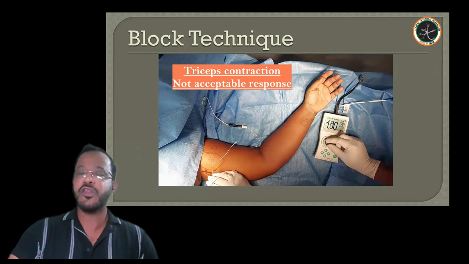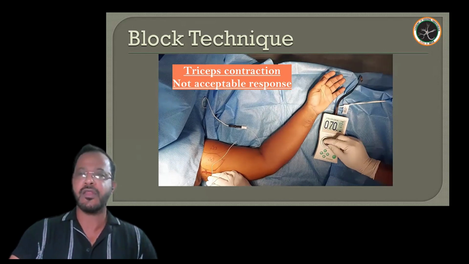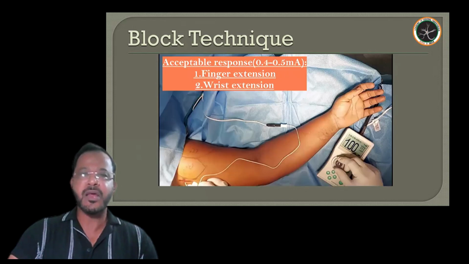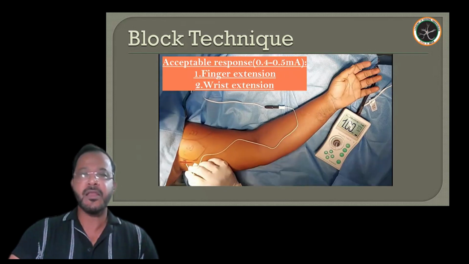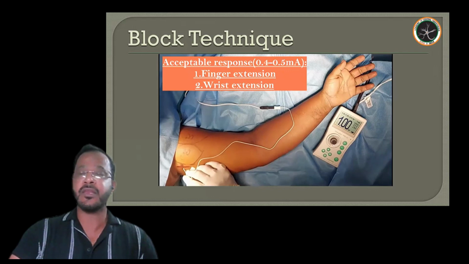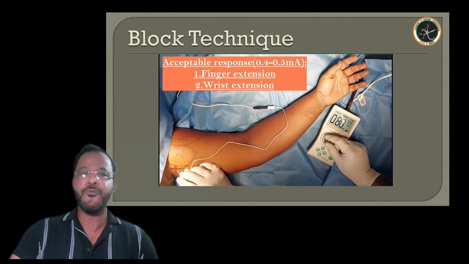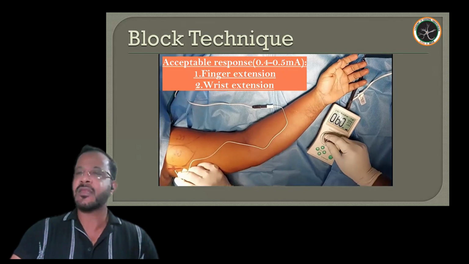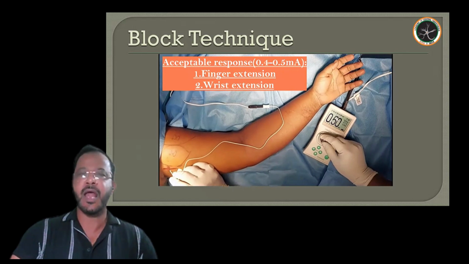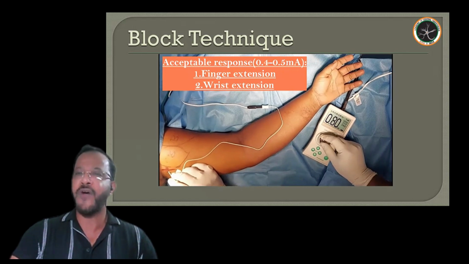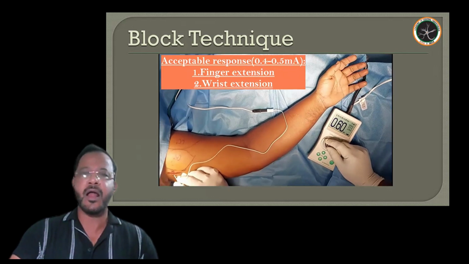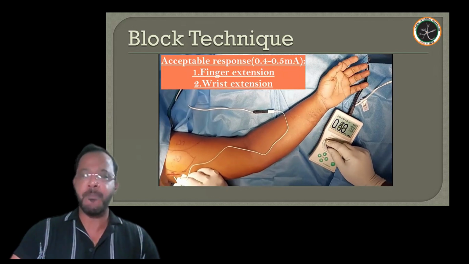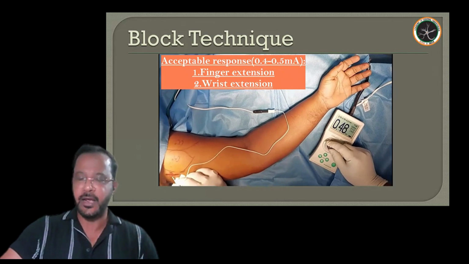It means you are stimulating one of the branches which is supplying the triceps. The acceptable response is either a finger extension or wrist extension. If you are getting finger extension or wrist extension at 0.4 to 0.5 milliampere, accept that response and inject around 5 to 7 ml of local anesthetic.